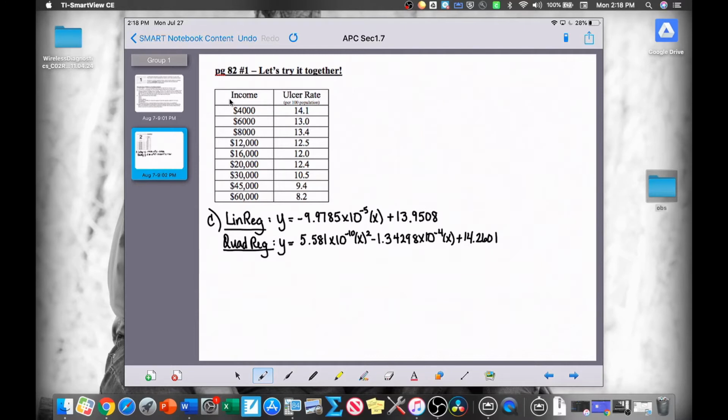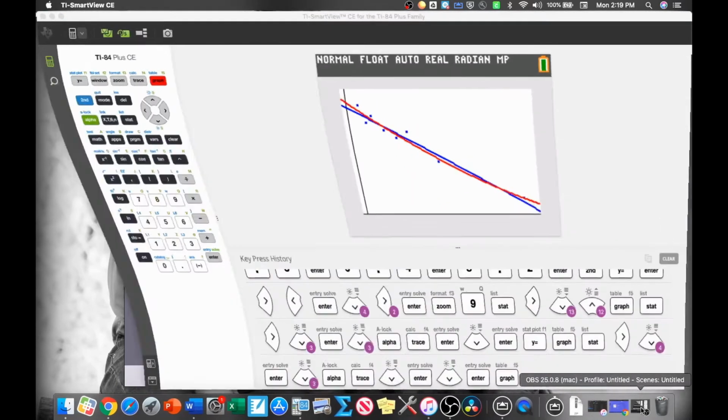Okay, there's our quadratic. And then the next one that we would look at would be cubic regression.